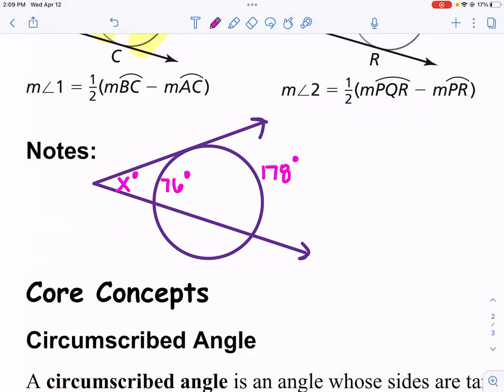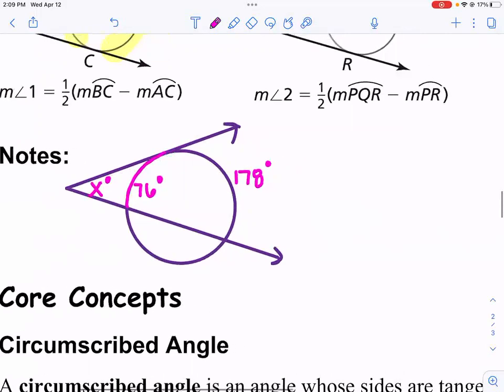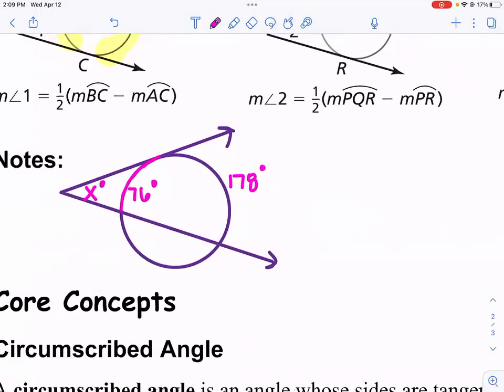So you put 76, is that the arc of the Virgo arc? Yeah. So this arc right here is 76. Okay. So if I want to find X, we're going to take 1/2 of the difference of these two arcs.